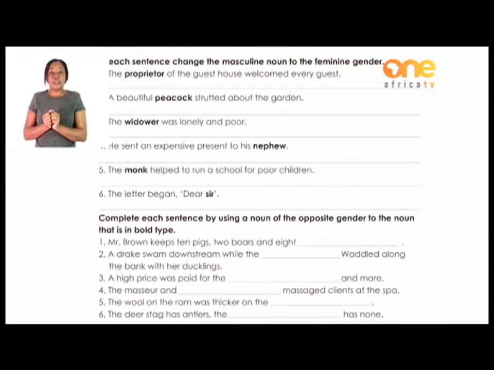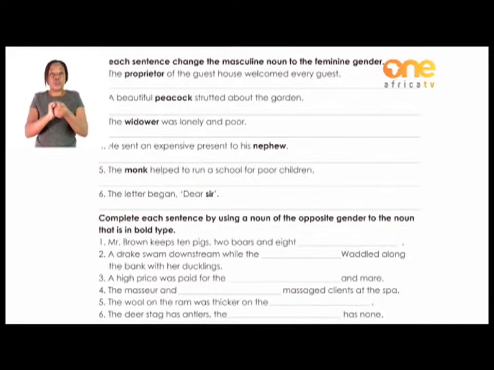So you change this sentence, rewrite it, but change the proprietor to the feminine gender, to a woman gender. So we will say the proprietress of the guest house welcomed every guest. That is what you are going to write in the next sentence. Everything stays the same, only change the bold word. Are we together?